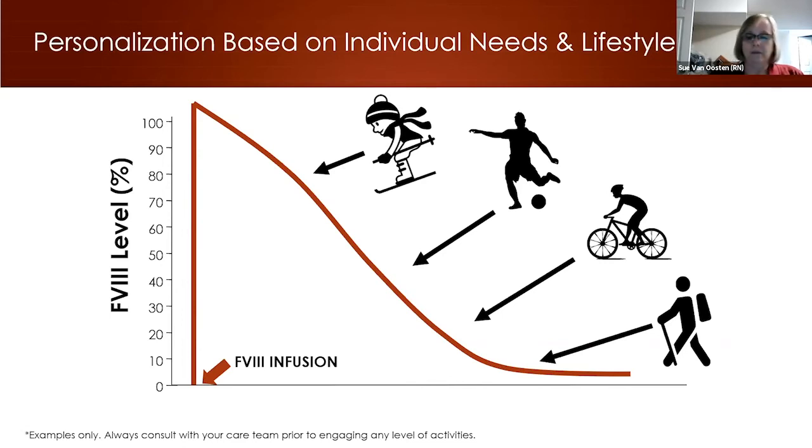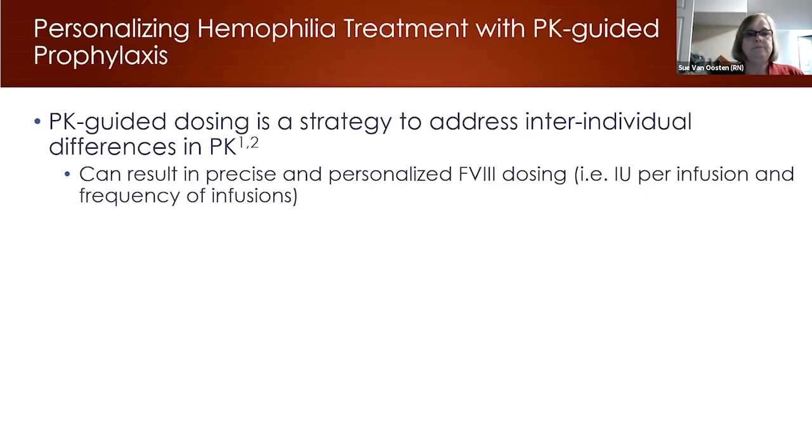We want to see the higher levels. So PK dosing is an individual curve, and it can result in very, very precise factor VIII dosing. And I'll show you how here.